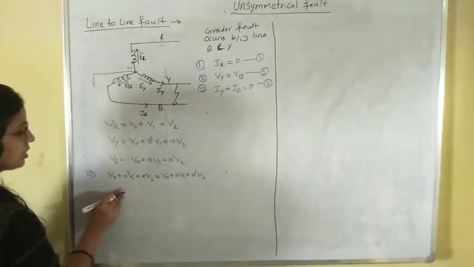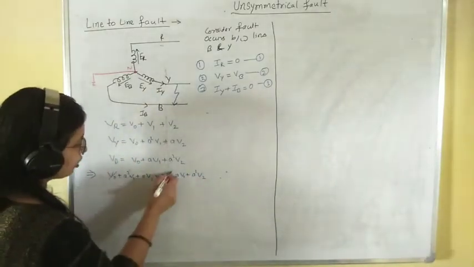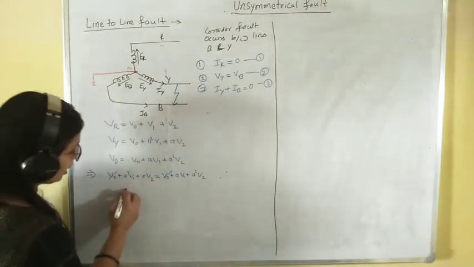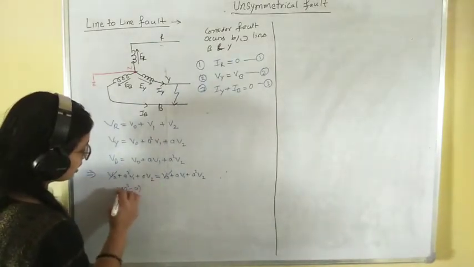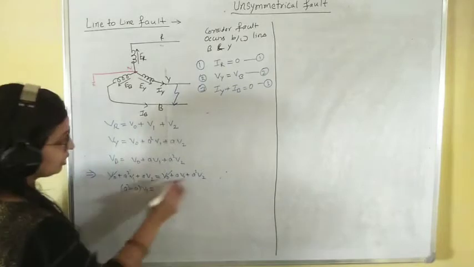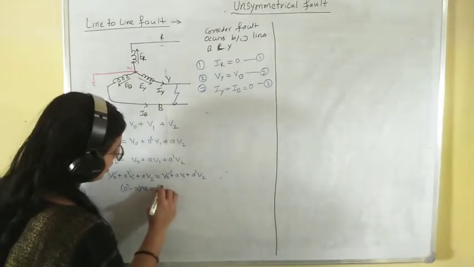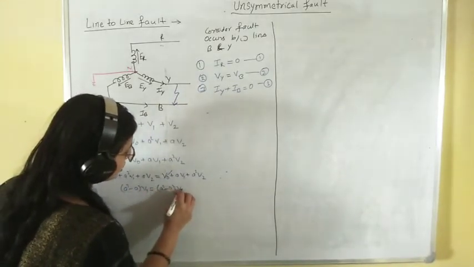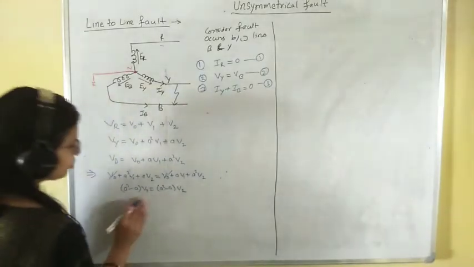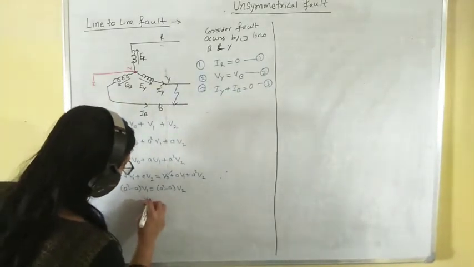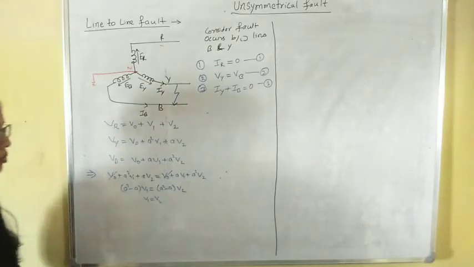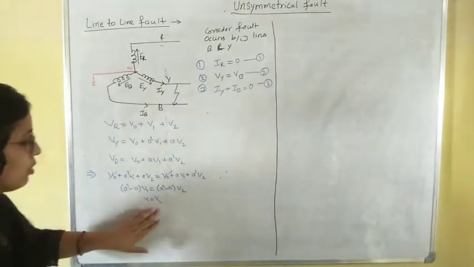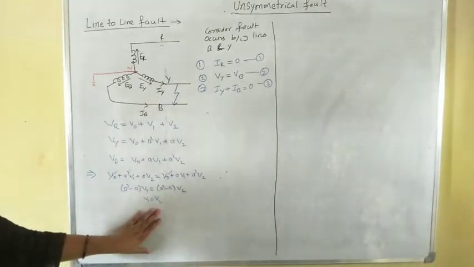What does this mean? V0 will be cancelled, and (A square minus A) V1 equals (A square minus A) V2. So what we get from this equation is that the positive sequence voltage is equal to the negative sequence voltage.